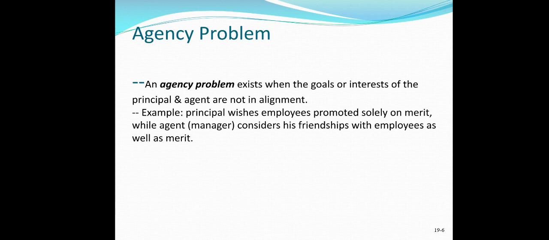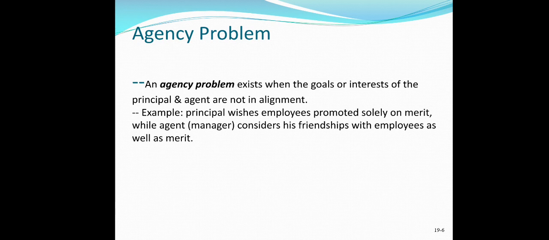to make maximum profit. But the interest of the manager is, first, they want to keep their job. They do not want to be terminated. That is their interest.